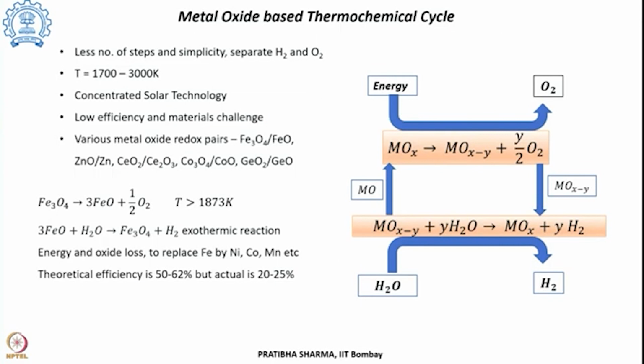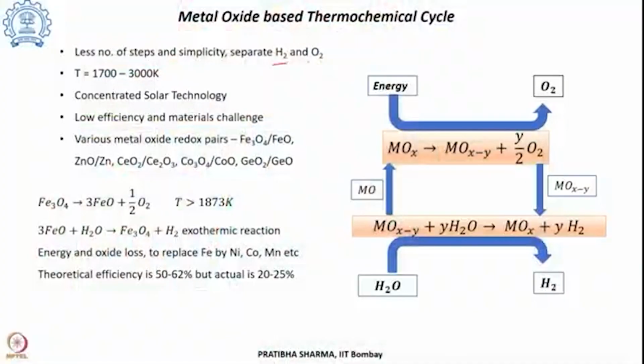Let us start with the simplest thermochemical cycle, which is a 2-step process involving various metal oxides. The interest in these metal oxide based thermochemical cycles is because the number of steps involved is only 2. These are simple and they produce hydrogen and oxygen separately. As such, the separation of the 2 gases is not a problem.